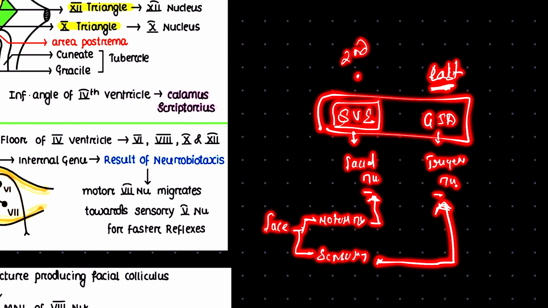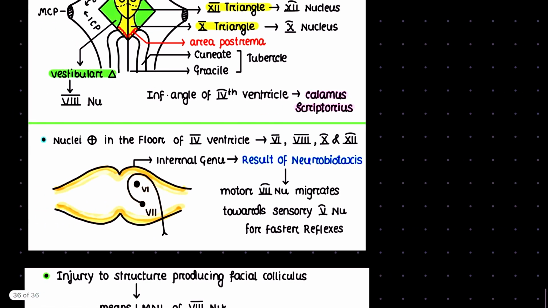That means if somebody is pricking your cheek region, there should be a very quick response. Since they are so far apart, if they are not nearer, there will be no proper response, no proper coordination. So for faster reflexes, the seventh facial nerve will go nearer to the trigeminal nuclei.